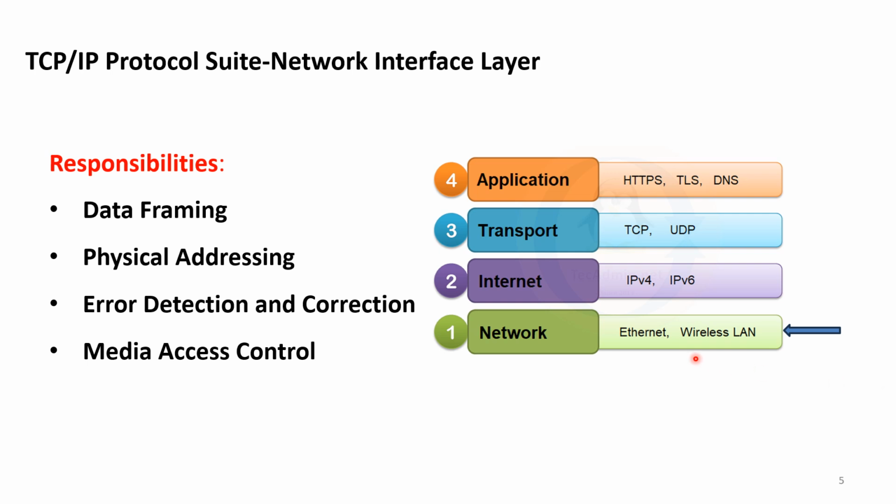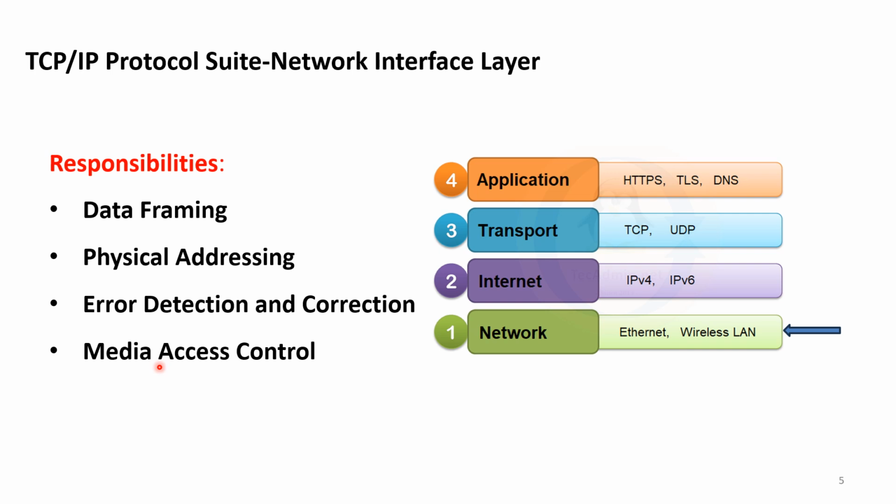Some of the responsibilities of the network interface layer are data framing, which encapsulates data into frames for transmitting over the network; physical addressing, which uses a MAC address to identify devices on the same local network; error detection and correction, which detects and may correct errors in data frames during transmission; and media access control, which manages how multiple devices share the same physical medium.